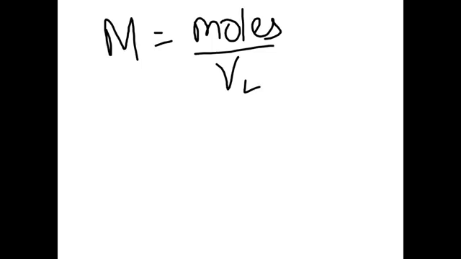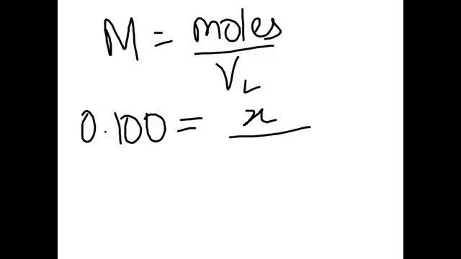Yes? So this needs to be in liters. If you don't write in liters, it's wrong. So let's substitute molarity: 0.100 equals X over 0.25 liters. So that's it.